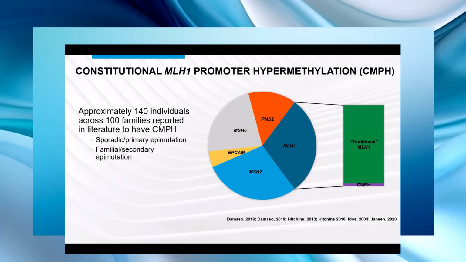There are about 140 individuals across 100 families reported so far in the literature. There are two main sources of MLH1 promoter hypomethylation. One is a primary epimutation, which often is sporadic. The second is a secondary epimutation, due to some primary genetic etiology at the DNA level.